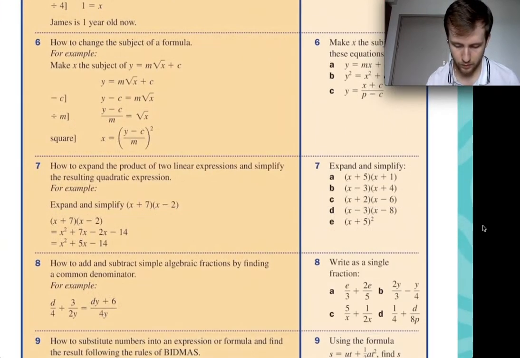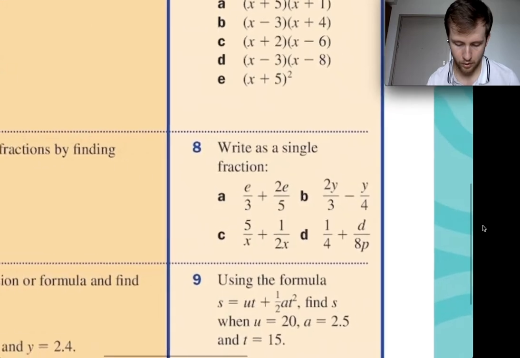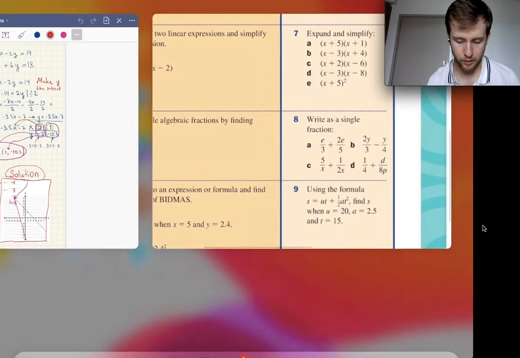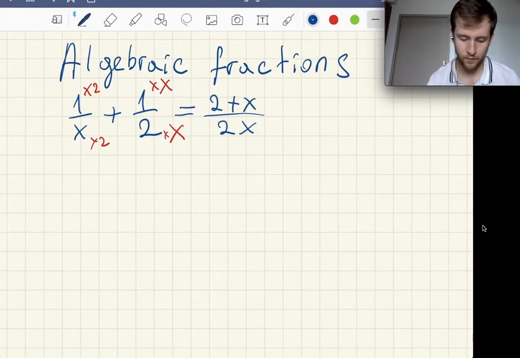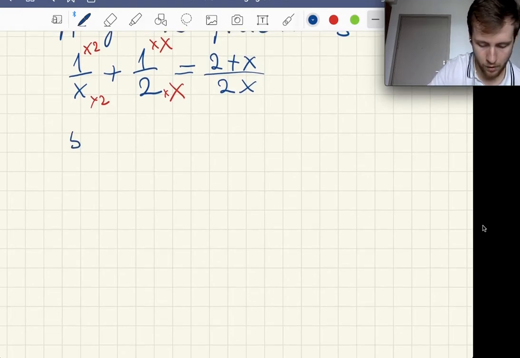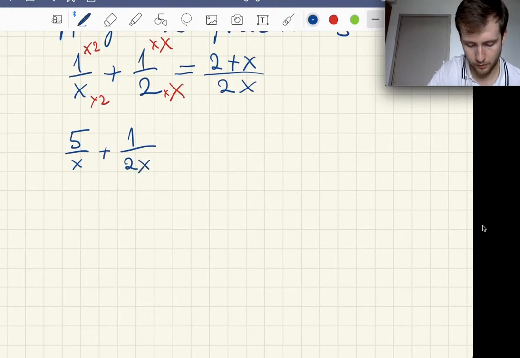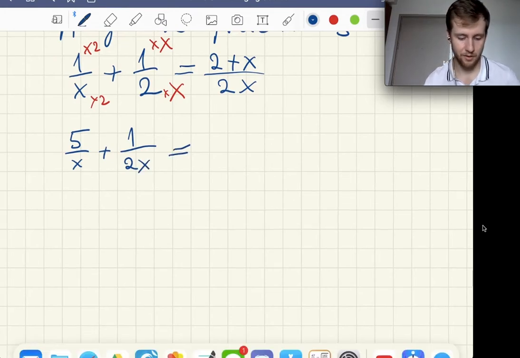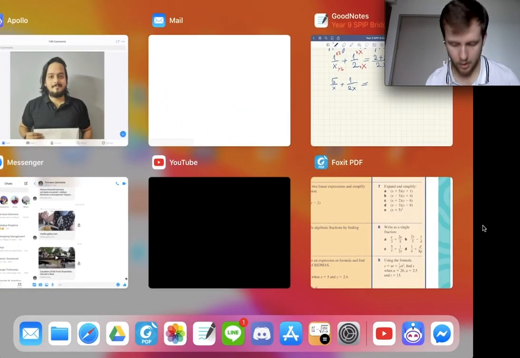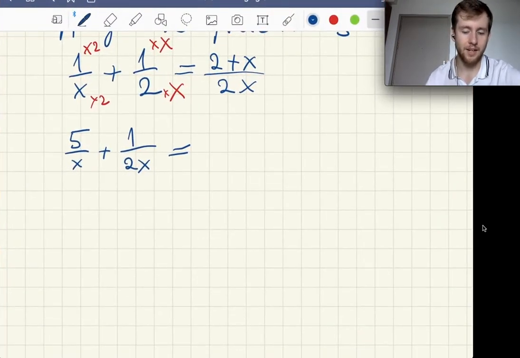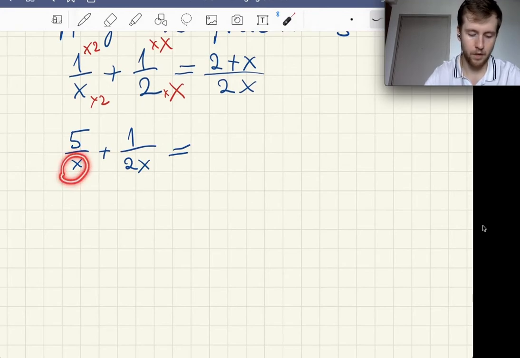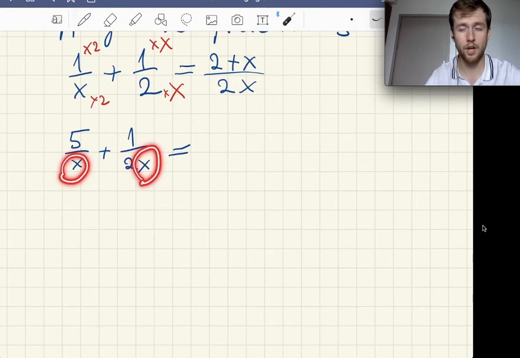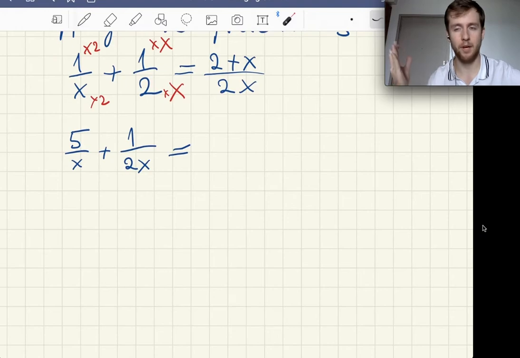Let me see what kind of examples they have. Okay, let's do this one: 5 over x plus 1 over 2x. How to do this? You can notice that x is already in both of them, right? There's x here and x here, so you don't have to multiply anything by x.